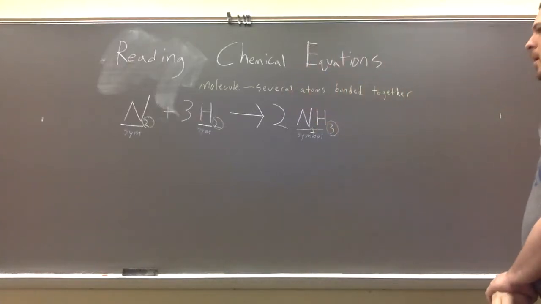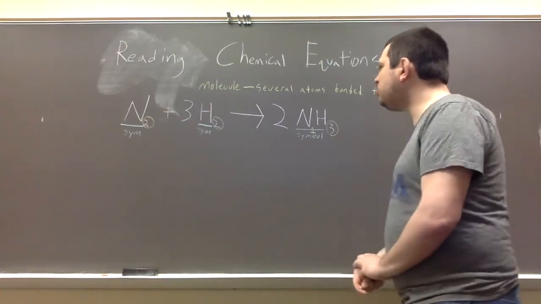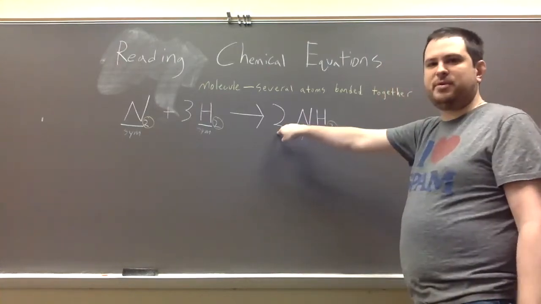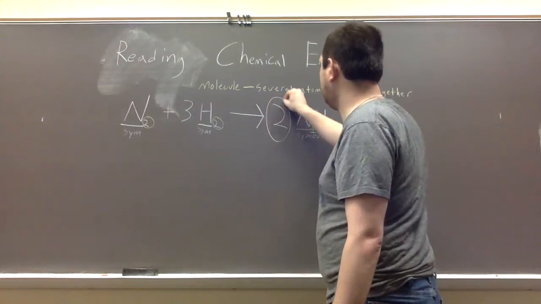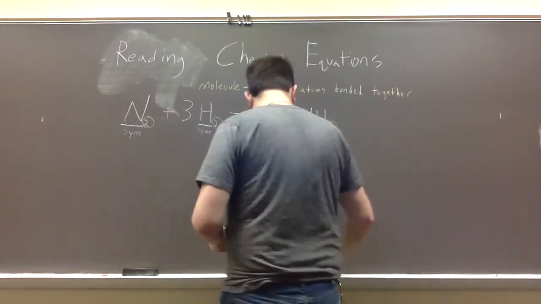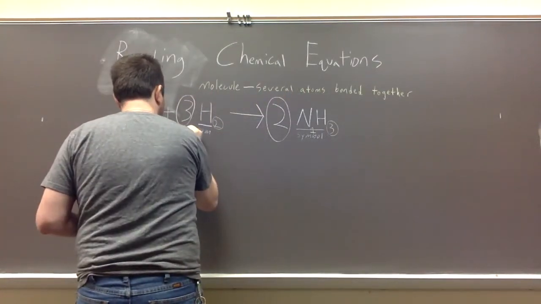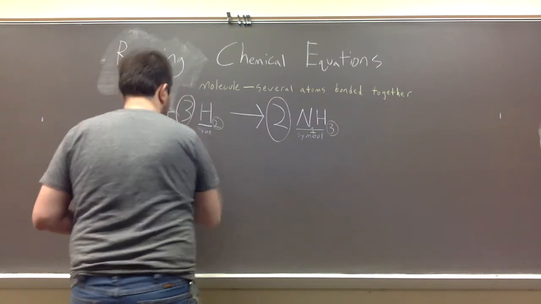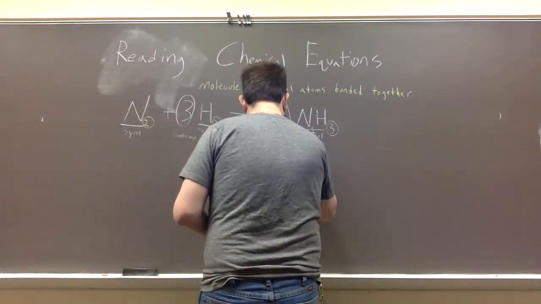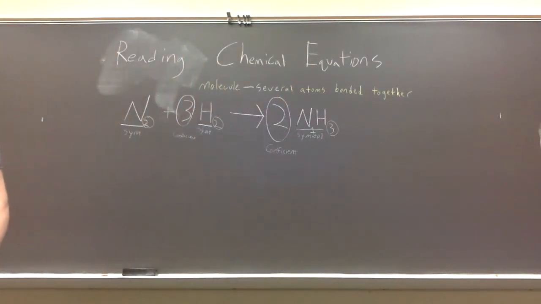The third part that we need to talk about is a thing called the coefficient. You'll notice 2 of these molecules have another number next to them. This is the coefficient. The coefficient tells you how many molecules are present.